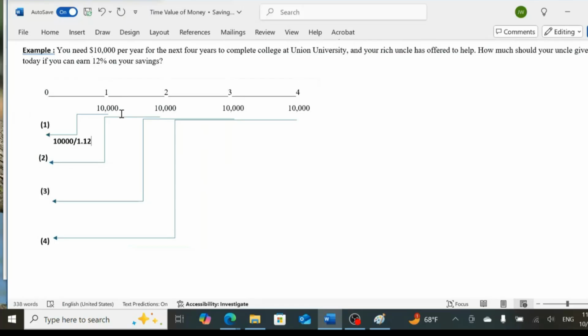If the uncle gave you 8928.57 and you put this in a 1 year CD, it will grow to $10,000 after a year. This is just the present value of $10,000 in year 1. What about the second one? The second one is the present value of $10,000 in year 2. So you discount it, this time squared.